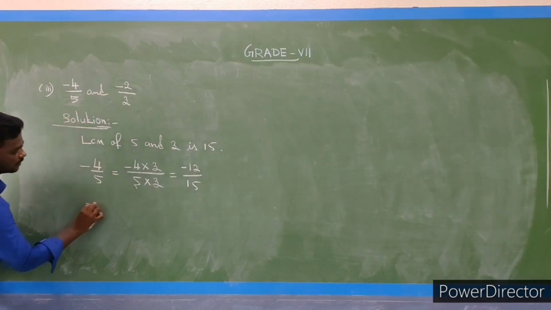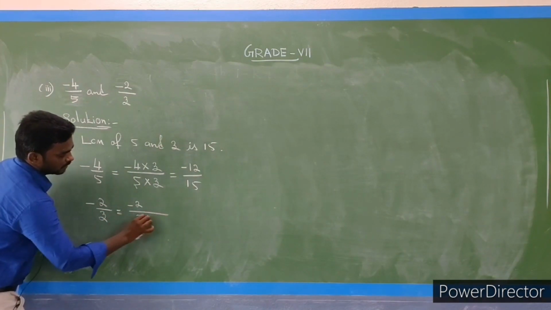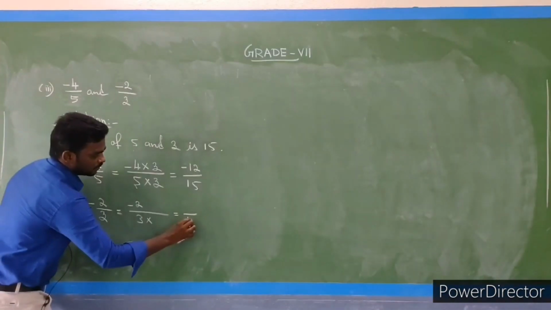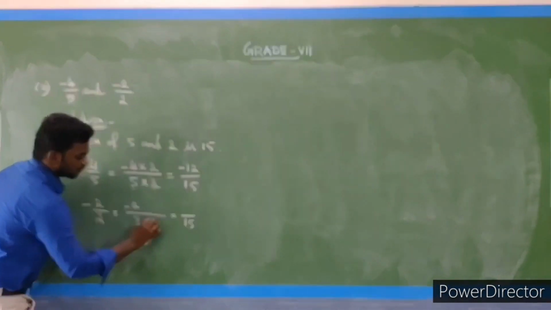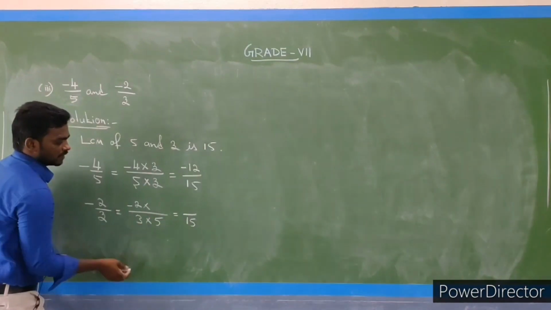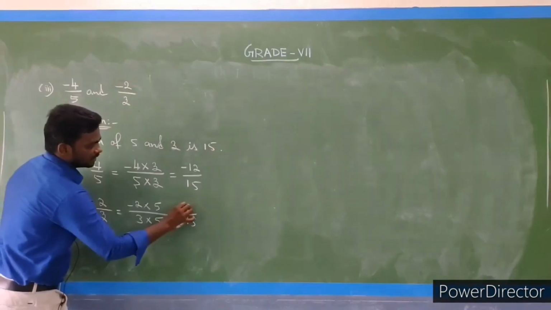Next, minus 2 divided by 3 is multiplied by which number to get 15? 3 multiplied by 5 we get 15, so 3 fives are 15, and the numerator is also multiplied by the same number 5. So 2 fives are 10.